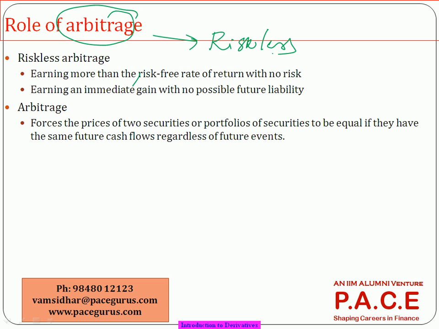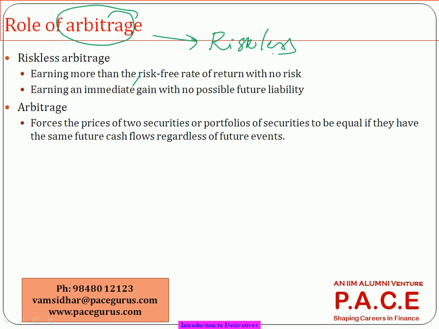The same thing comes very heavily in a derivatives market. As I said, 1000 is in the spot market but 1100 in the futures market. People can really create a profit opportunity by buying in the spot market, selling in the futures market, and try to make a significant profit also.